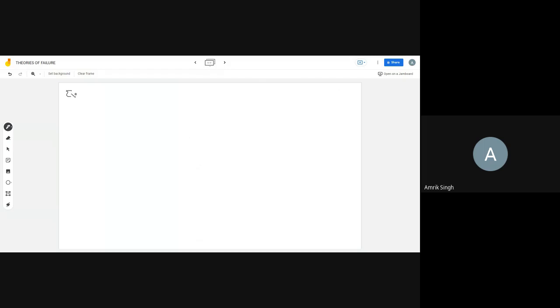Example 2, one more problem we will do. It says at a point on the machine member, it was found that sigma xx is given as 150 megapascal, and sigma y is given as minus 100 megapascal.